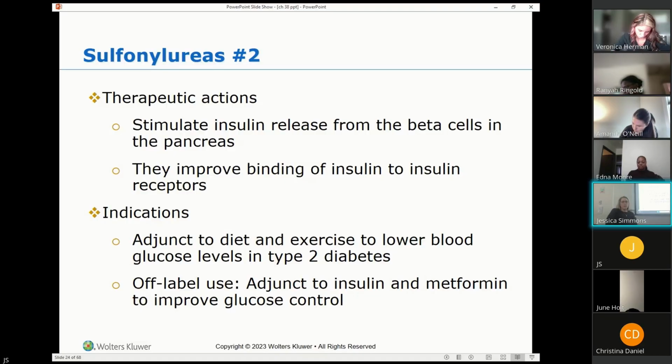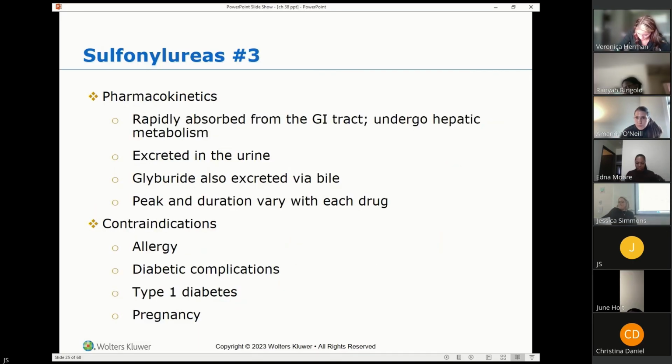Off-label use, it is adjunct to insulin and metformin to improve glucose control. They are rapidly absorbed from the GI tract, undergo hepatic metabolism, and are excreted in the urine. Glyburide is also excreted via bile, and the peak and duration vary with each drug.